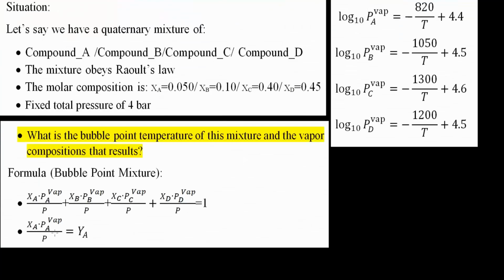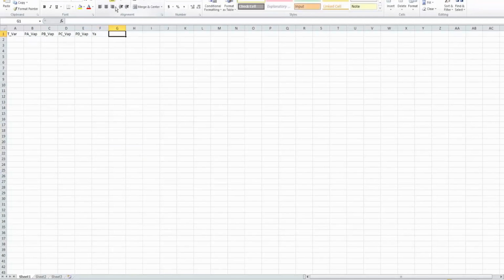Looking at the second equation, we know that this piece right here is equal to YA, YB, YC, YD, and we know that YA, YB, YC, YD sum to 1. Finally, we will sum up YA, YB, YC, YD. Whatever situation equals 1, that will be our bubble point temperature.